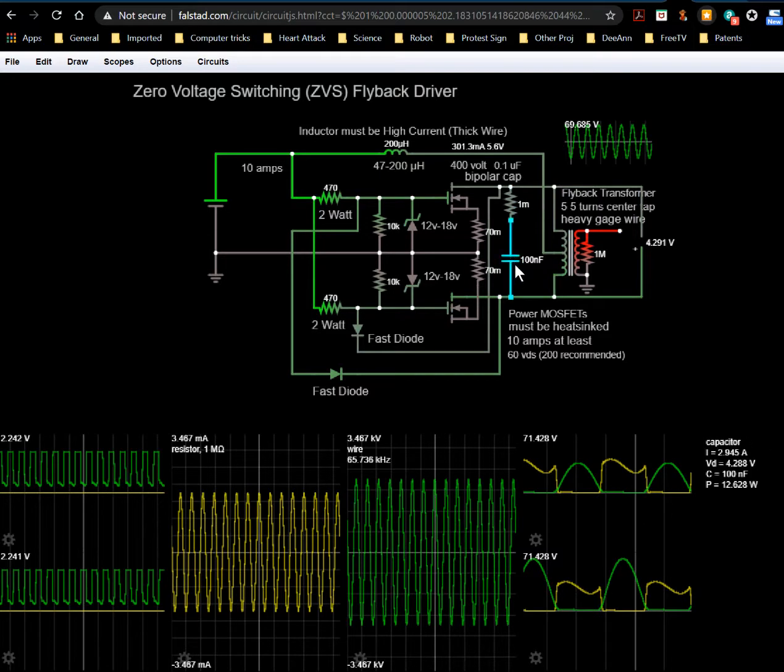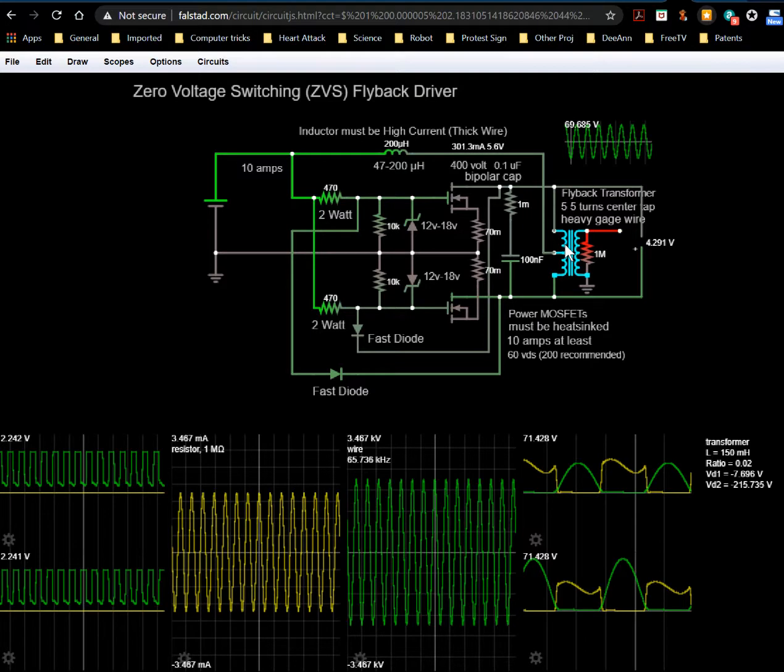But since there's a capacitor here, it sinks its current into this capacitor, which starts at 0 volts when the circuit's first turned on. The capacitor charges up, the voltage increases, and the voltage in this transformer increases. Again, it'll try to pump out whatever voltage it can to maintain its current flow. It's what it's trying to do by any means necessary. So it'll generate whatever voltage it needs to do that.